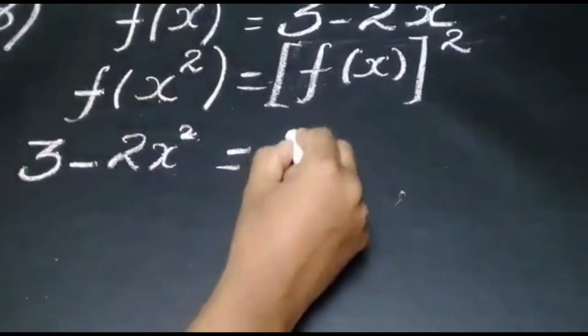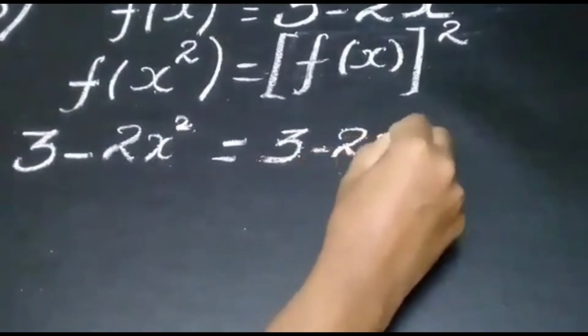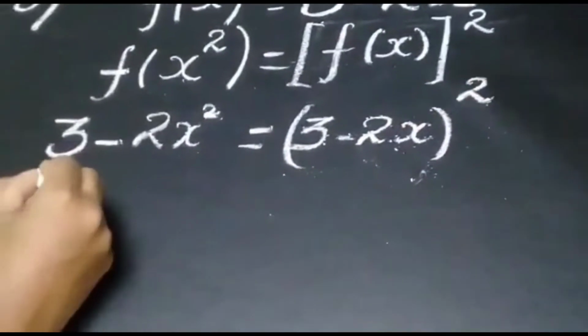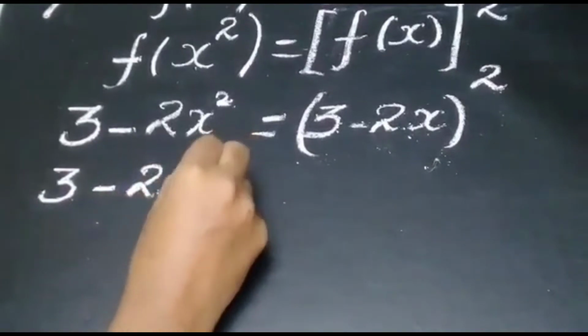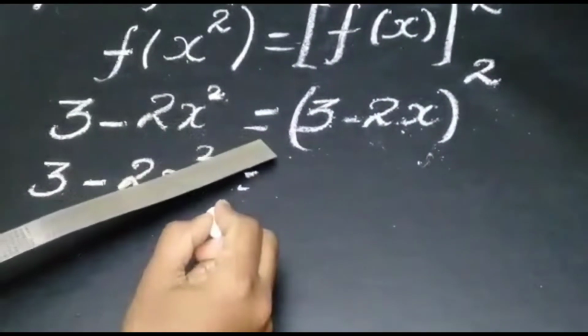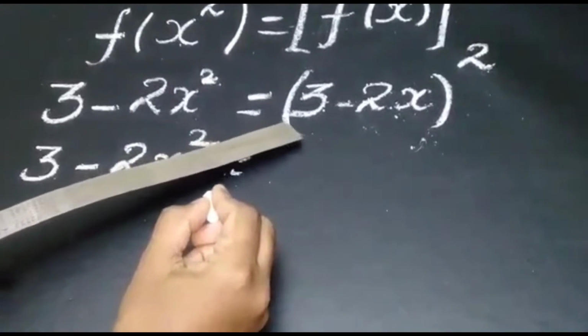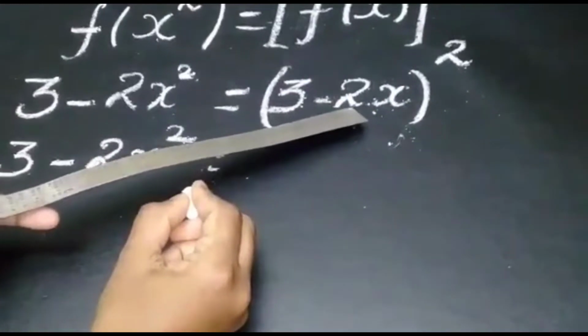What is the f of x value? 3 minus 2x. So 3 minus 2x the whole square. Now 3 minus 2x square. So this is the format of a minus b the whole square. Here what is the a value? a equal to 3, b equal to plus 2x.